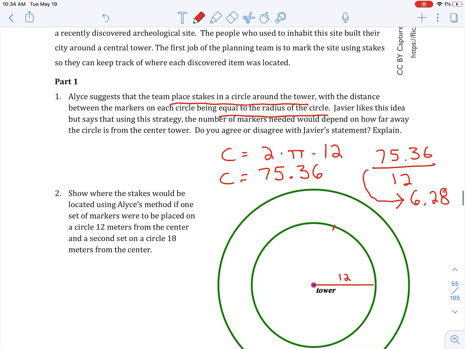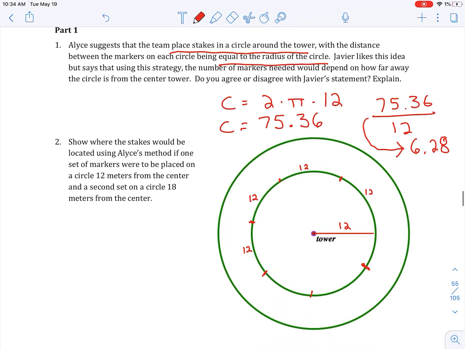Okay, so I'm going to go like there. And again, it doesn't have to be perfect. The main idea for this, guys, is that you know that there's a little over 6. 1, 2, 3, 4, 5. That's pretty good. So this would be like 12, 12, 12, 12, 12, and 12.